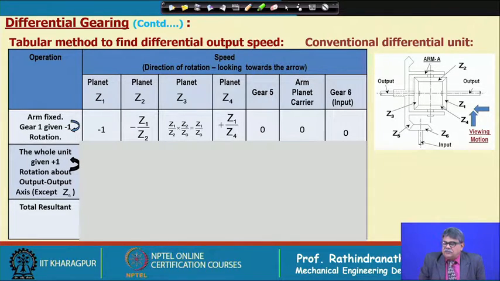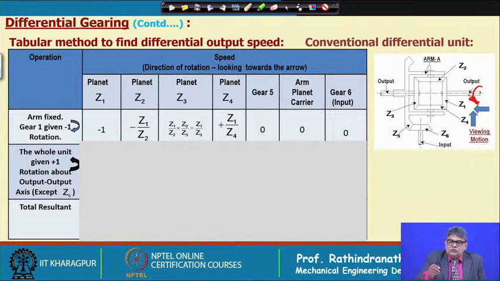First of all, we will consider that the arm is fixed, that means the arm A, which is written, that means the Z5 bevel gear is fixed, and the gear 1, the right hand side gear 1, is given -1. -1 is the anti-clockwise direction of rotation, looking from that side. 2 arrows are given there, we are viewing from that side. So, it is rotating in the anti-clockwise direction, like this.